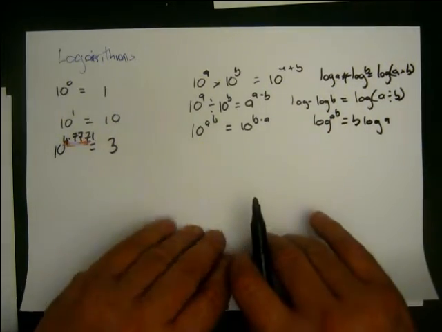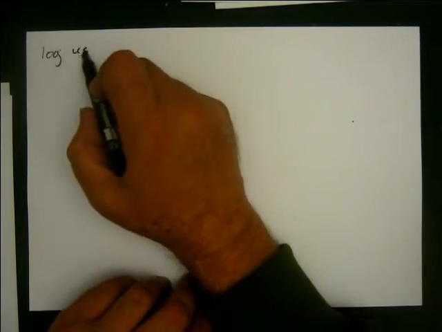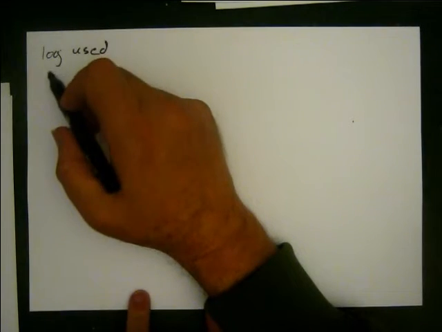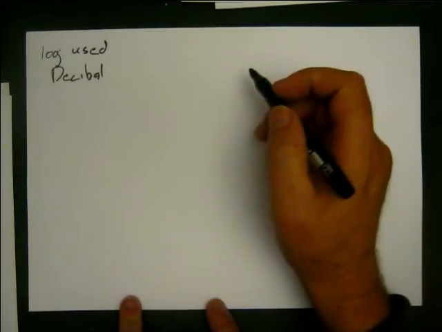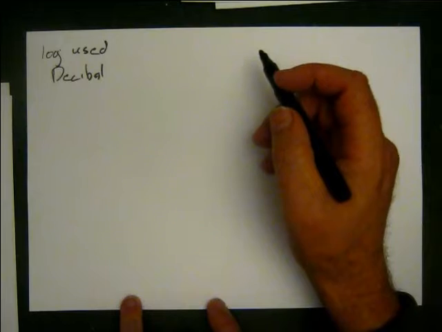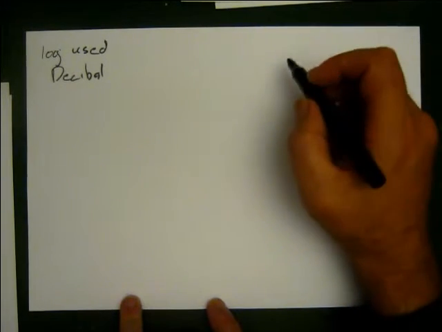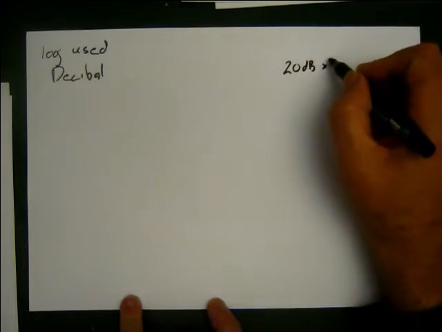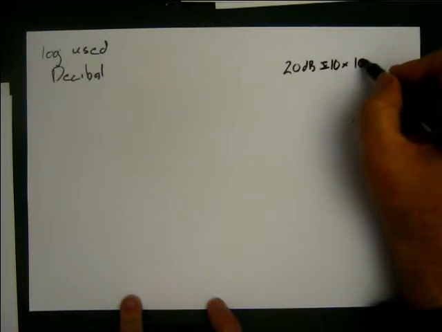So the next question is, where are logs used? There's a couple of places. One of the most famous is the decibel scale. If you look at 10 decibels, 20 decibels, decibels is rated at sound. 20 decibels is 10 times 10 decibels.